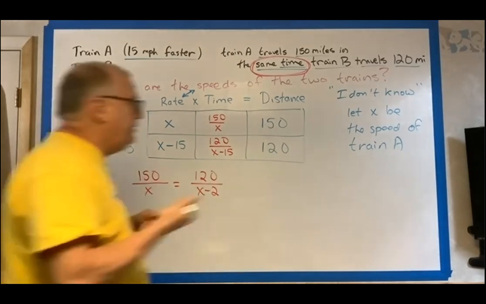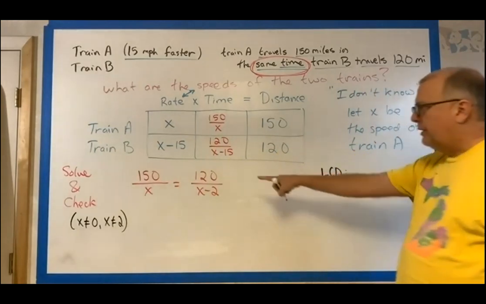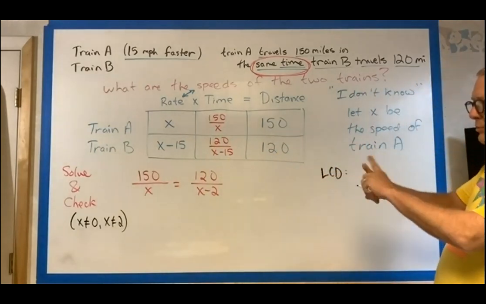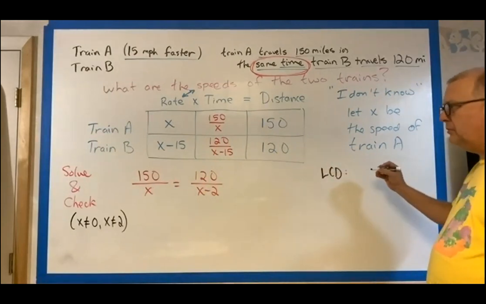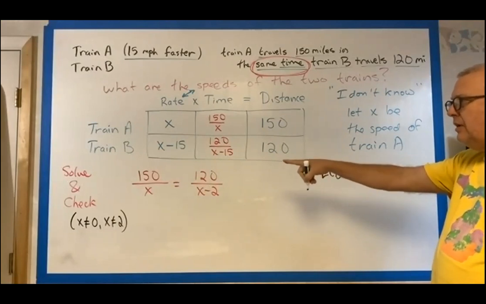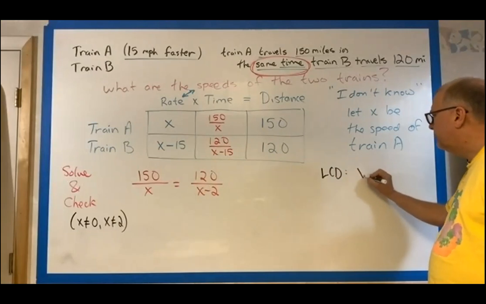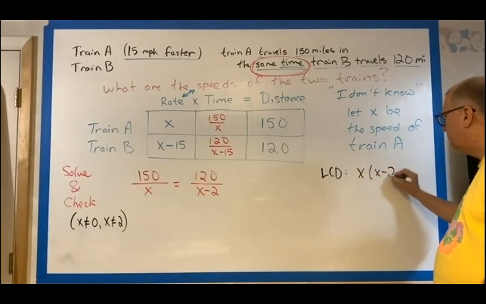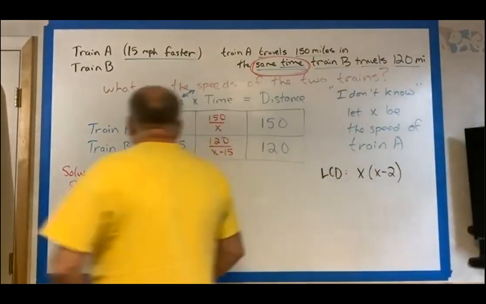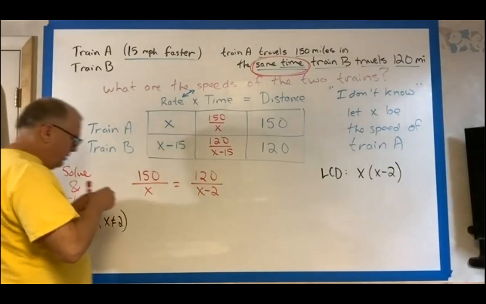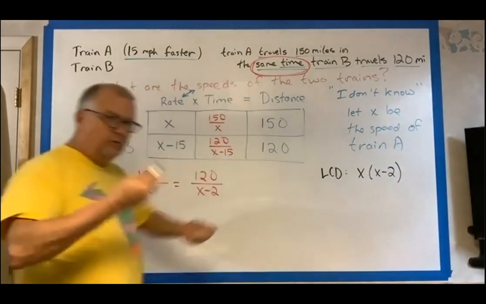What about my LCD, least common denominator? Well, I've got two denominators. I just multiply them together: X times X minus 2. That's what's missing. The left side is missing X minus 2, and the right side is missing an X factor. So let's multiply both sides by X times X minus 2. What color have I not used?